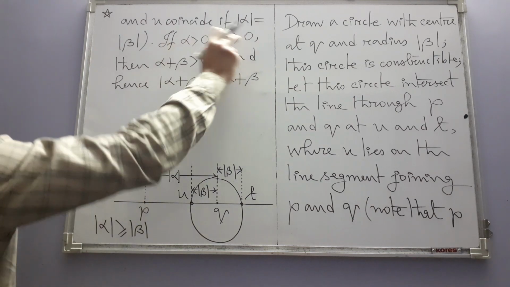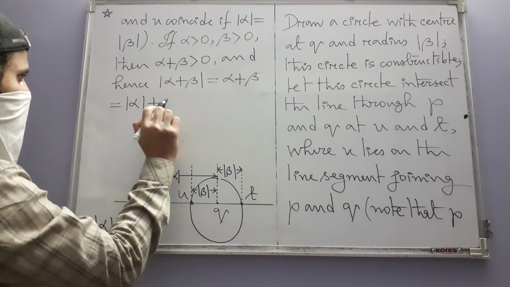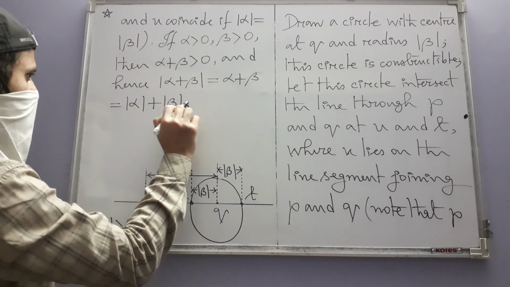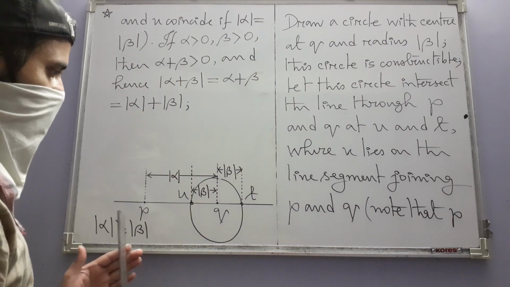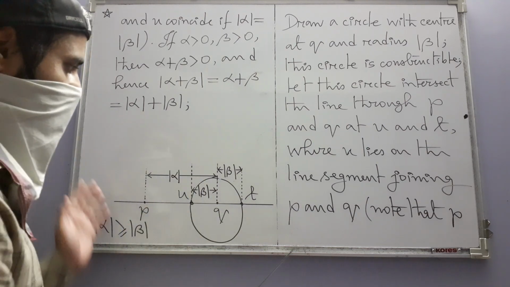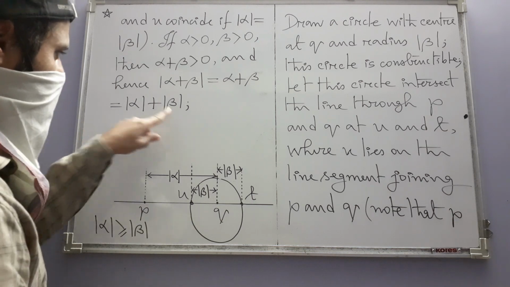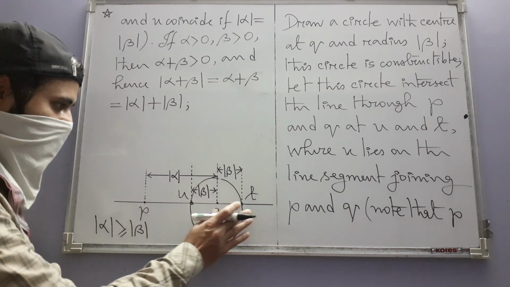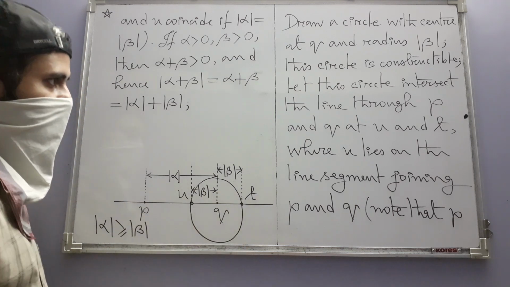But due to these inequalities, this is also equal to this plus this. So in this case we want two constructible points such that the distance between them is this plus this. And from the figure you can clearly see that two such constructible points are P and T.